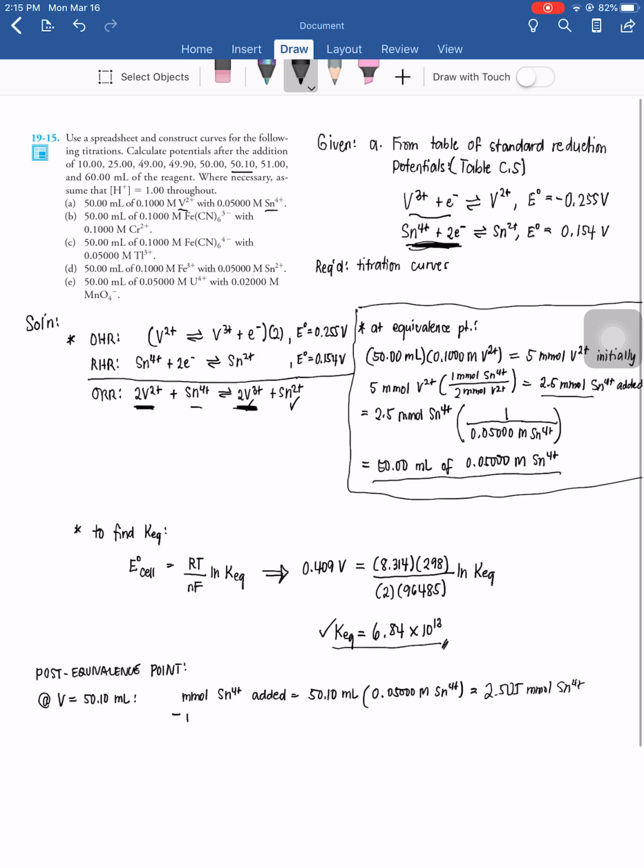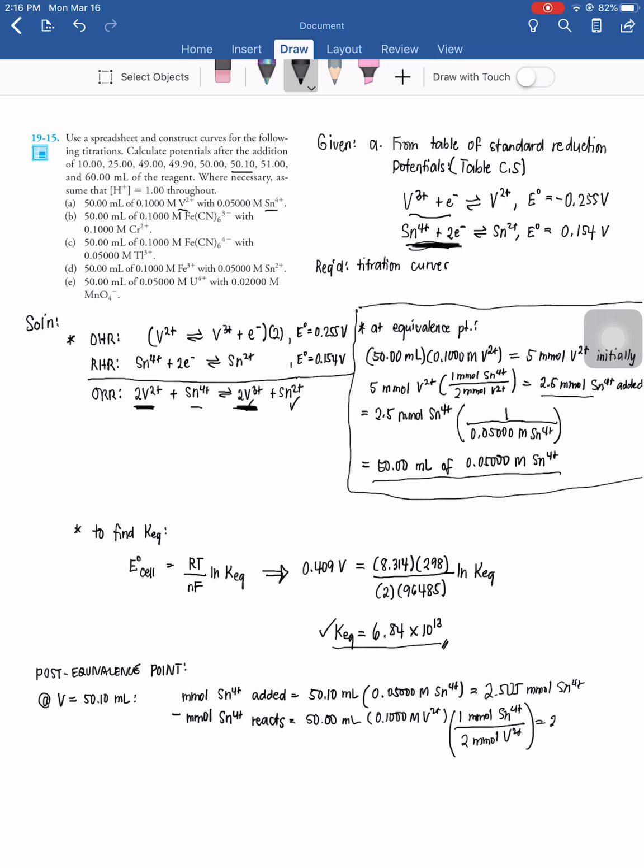To this, we subtract the amount of tin 4 that has reacted. Originally, 50 ml of the 0.1 molar vanadium. Now all of that has reacted according to our overall redox reaction, wherein 1 millimole of tin 4 reacts for every 2 millimoles of vanadium 2.